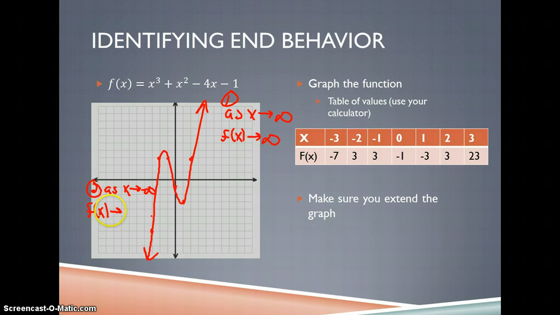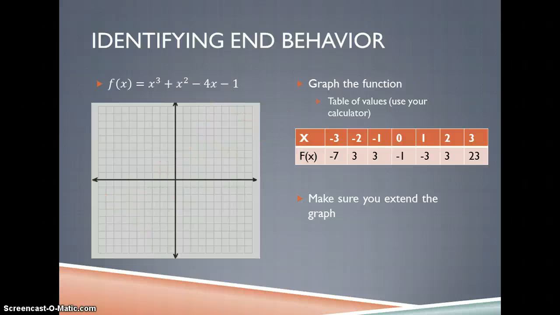So f of x goes to negative infinity. That's what we're looking at there. So again, you'll be able to use your calculator to get the table of values and also to get a rough sketch of these. And then we're concerned about the ends of the graphs. That's all we're concerned about with these.